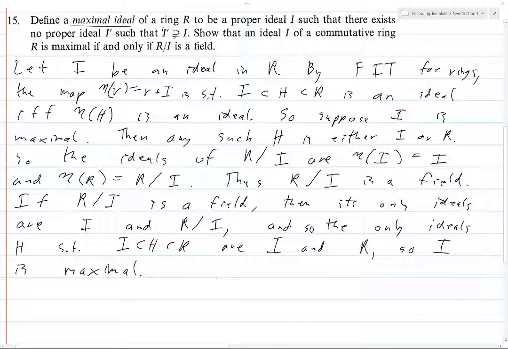But the fact that these are the only ones comes from the fact that this correspondence is bijective, because it's an if and only if. So there we go. This completes our proof.